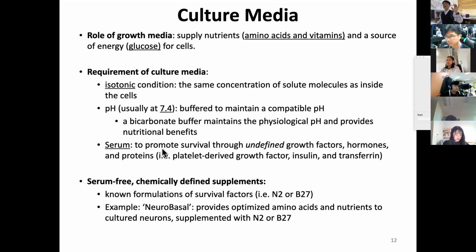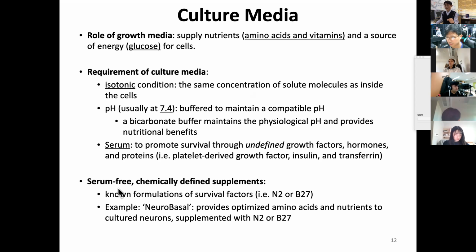This contains a lot of growth factors and good things. However, you have to remember it's undefined. It contains undefined growth factors, so you don't exactly know what's in it. And each serum, such as calf or bovine serum, you have to understand is undefined. So for careful in vitro experiments, you have to consider the use of serum carefully.